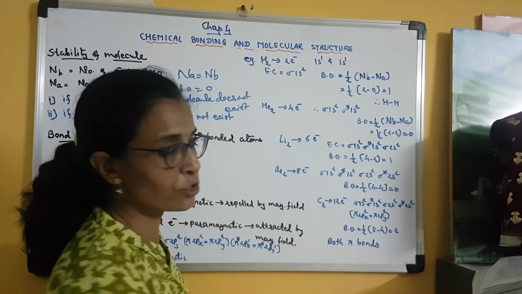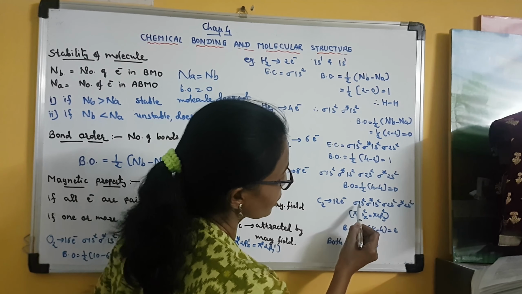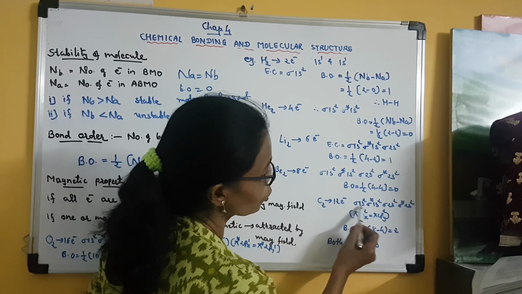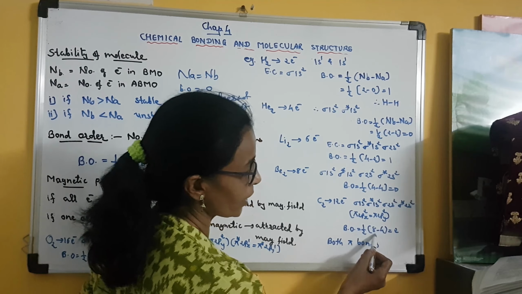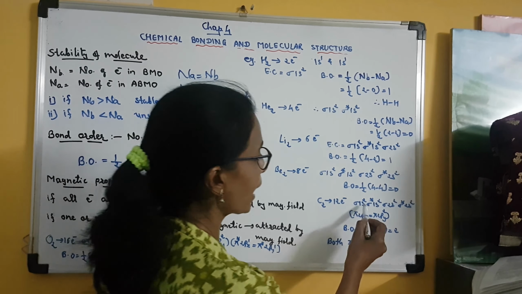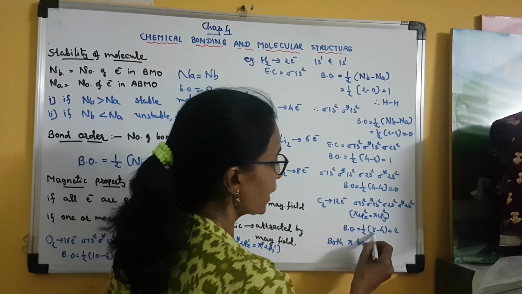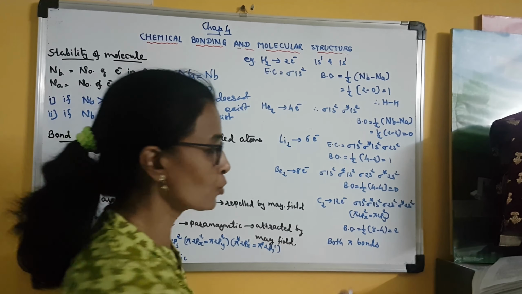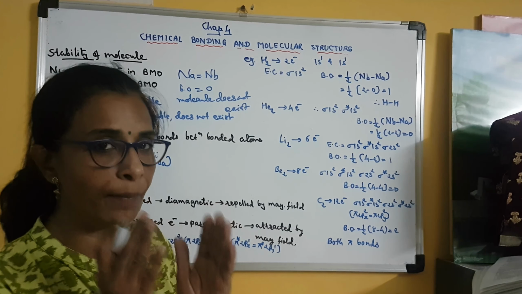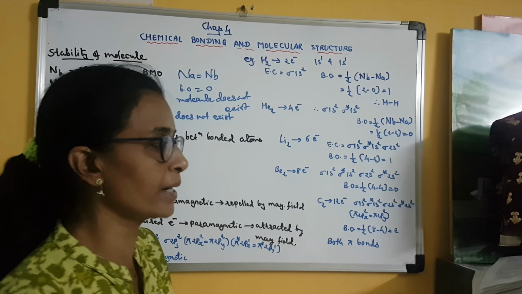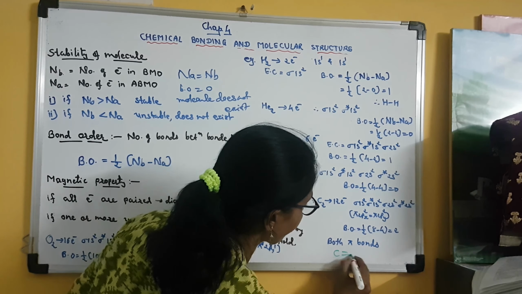So all 12 electrons are over. Clear? Now here you can see in bonding orbitals 2 plus 2, 4 plus 2, 6 plus 2, 8. So 8 bonding electrons are there and 4 anti-bonding electrons are there. So 8 minus 4 divided by 2, so it is equal to 2. Means in the C2 molecule there is a double bond between 2 carbon atoms. Clear? So it is like this: C double bond C.